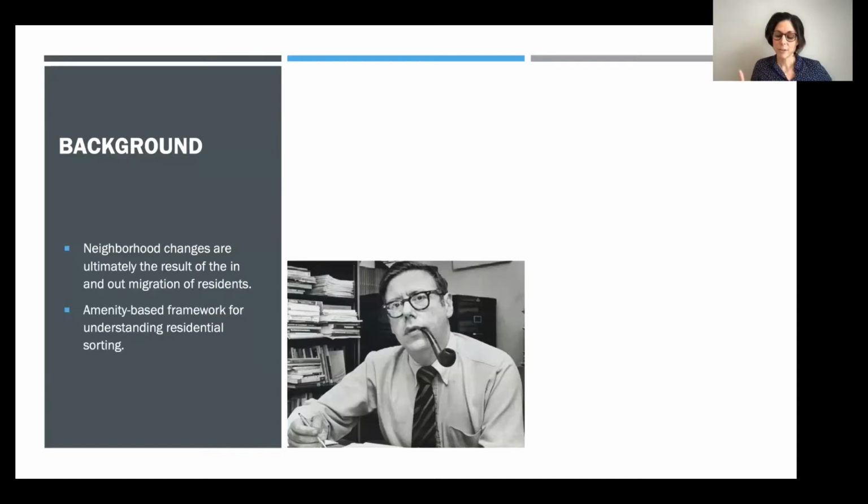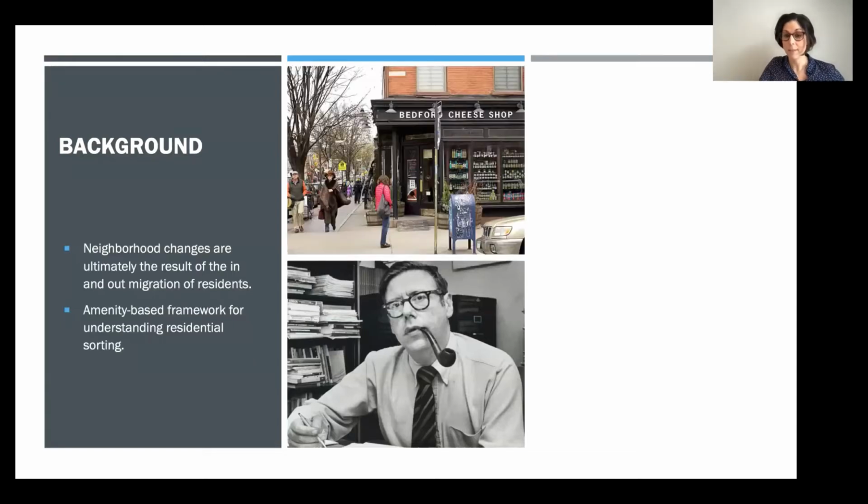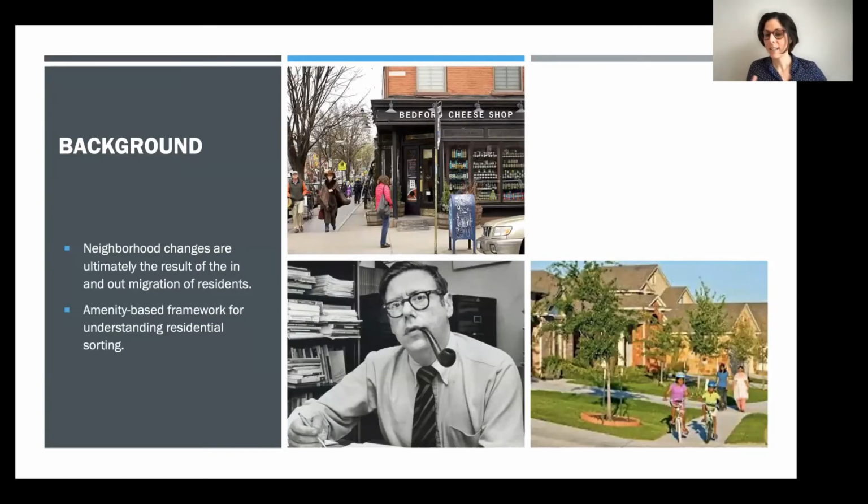And we also know that there's this shift underway that in the past, at least in US cities, a lot of our sorting by income was explained by commuting times and the desire, if you're wealthy, you were living in a larger house in the outskirts of cities. But nowadays that has changed a lot. So there's an increased demand for walkability and consumption amenities.